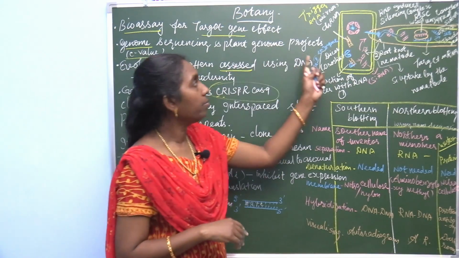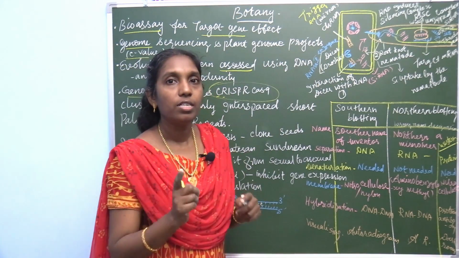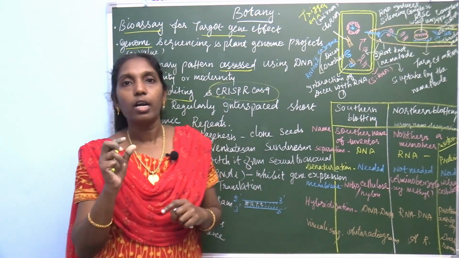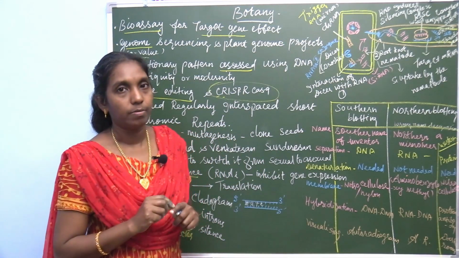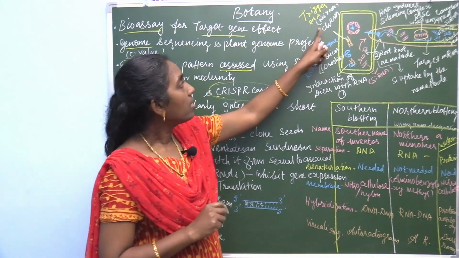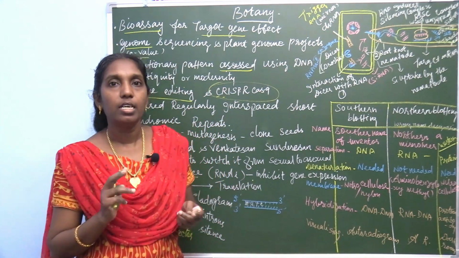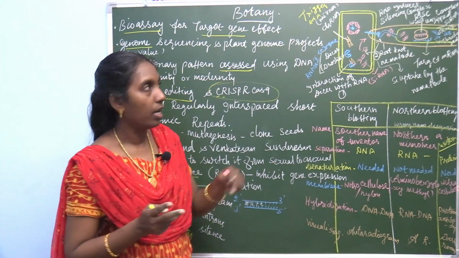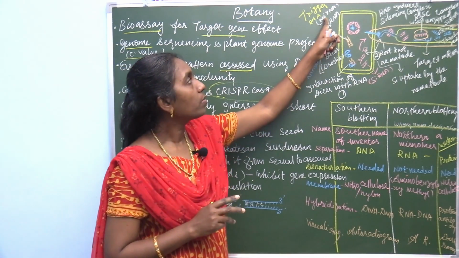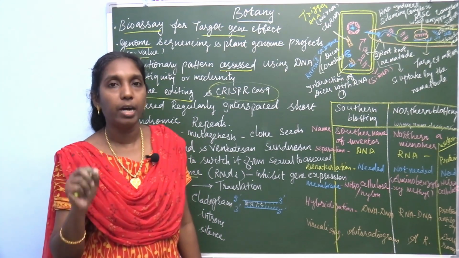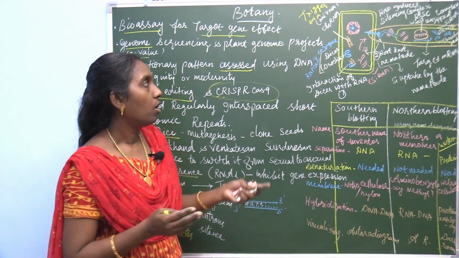Look at this diagram. In the first step, there is a trigger RNA which can trigger the process, that is dsRNA or miRNA. ds is double stranded RNA, and mi is microRNA.